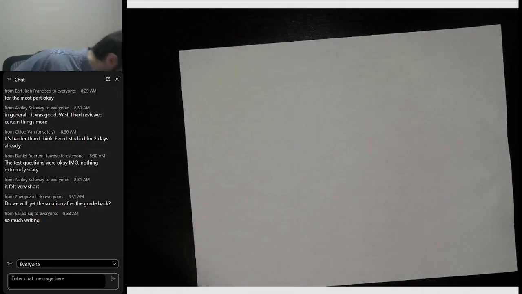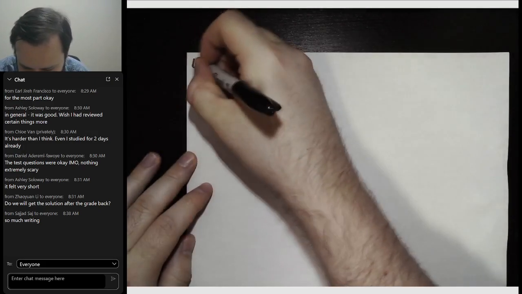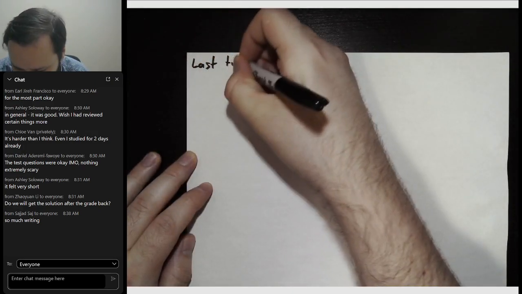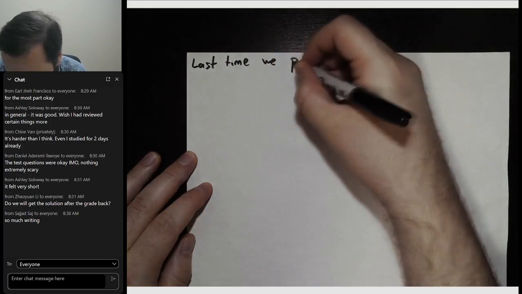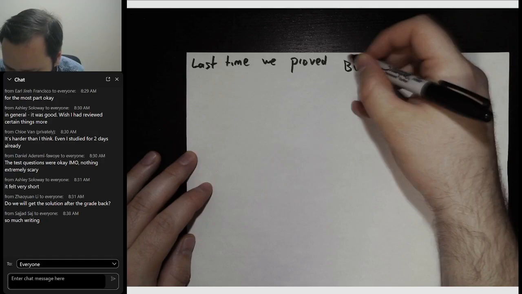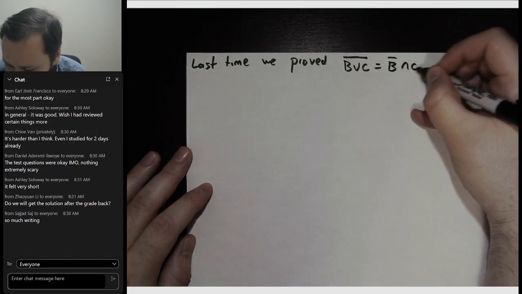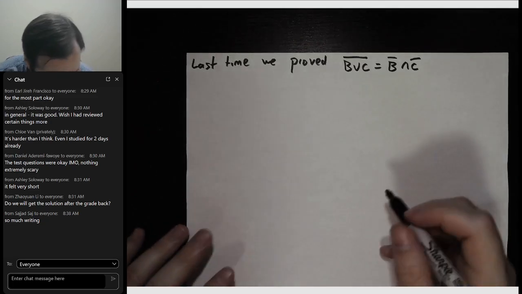So last time we proved this fact that we just used, B union C complement is B complement intersect C complement.